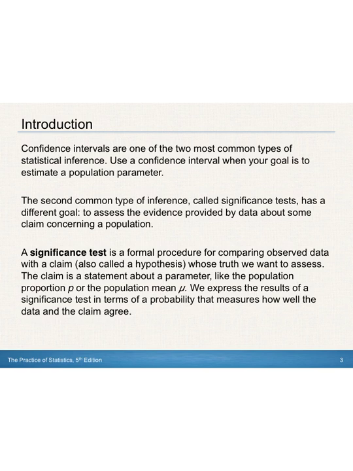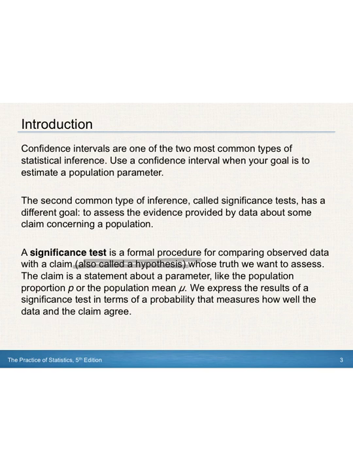The second type of inference is called a significance test, and it has a goal to assess the evidence provided by data about some claim concerning the population. So a significance test is a formal procedure, and it has certain components. You're going to create claims, which are called hypotheses, a null and an alternative specifically, and we're trying to decide which of those two claims we can consider true.